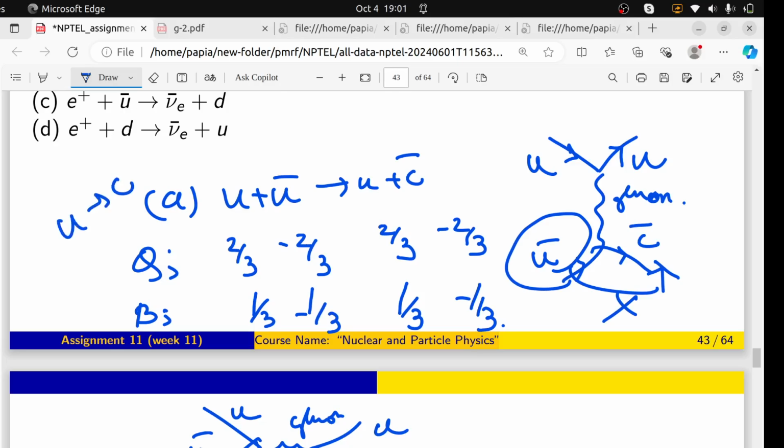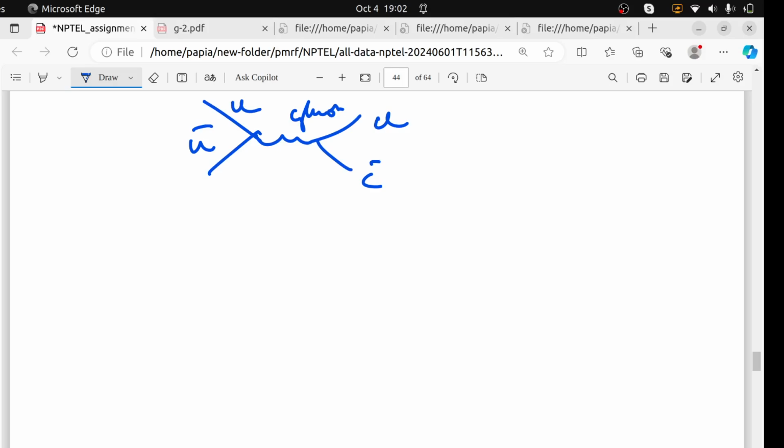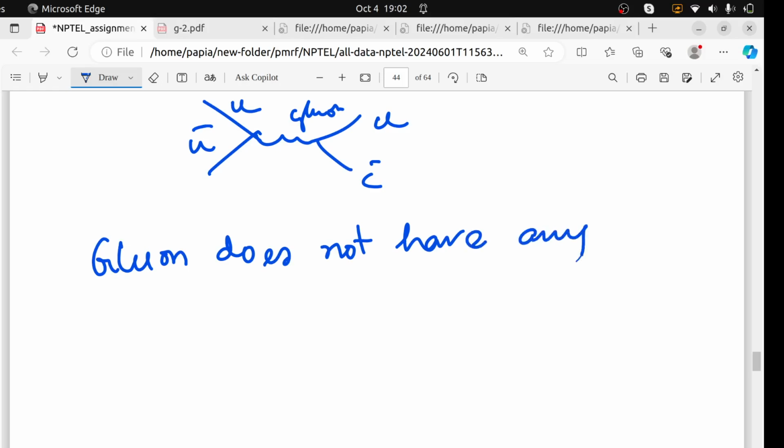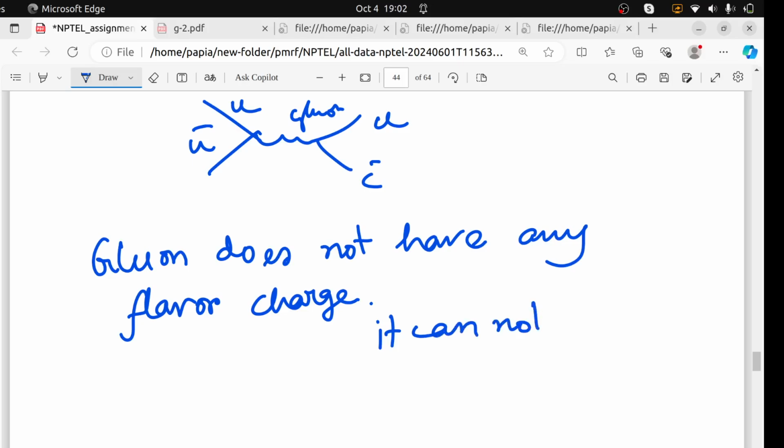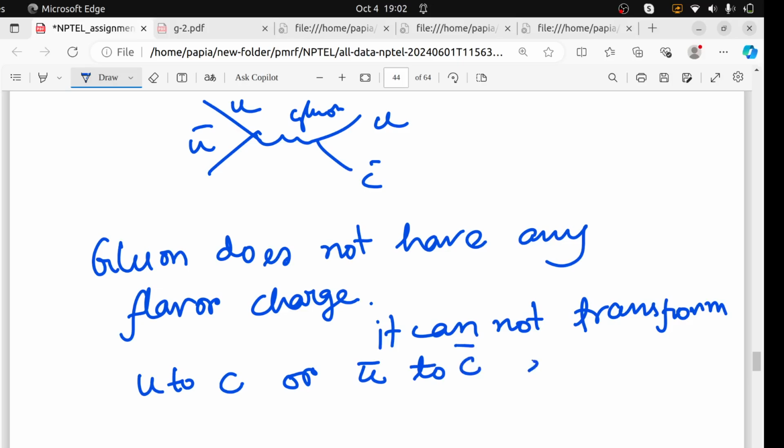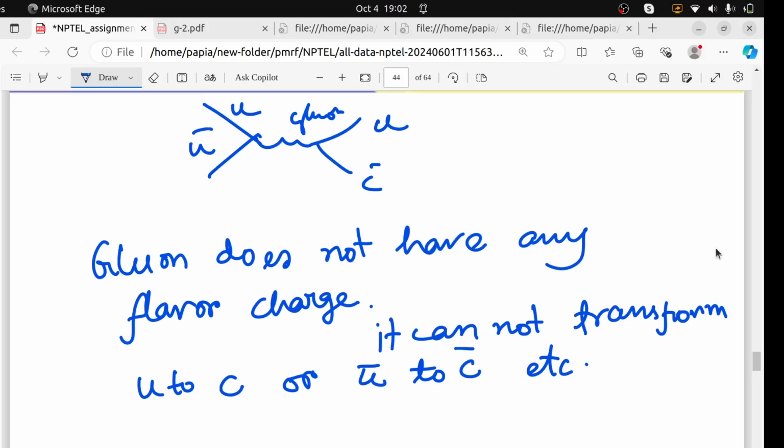U goes to C means the flavor is changing. But as the gluon does not have any flavor charge, it cannot transform U to C or U bar to C bar. So this is not possible.